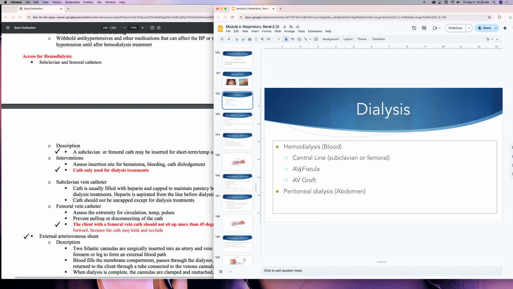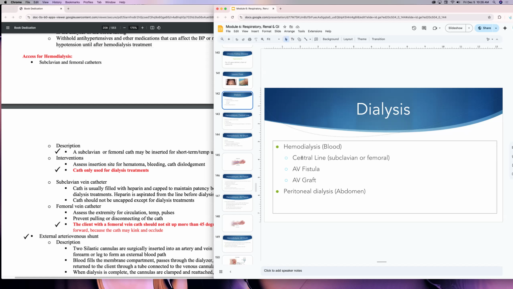AV fistula is definitely the ideal dialysis access, 100%, because as long as it keeps working, you can use it forever. The problem is with the AV fistula, it needs 3 months to mature. So they will probably place the central line in first so that they can start doing dialysis. Because if the patient needs a central line for dialysis, they are going to die if we don't do dialysis very soon.